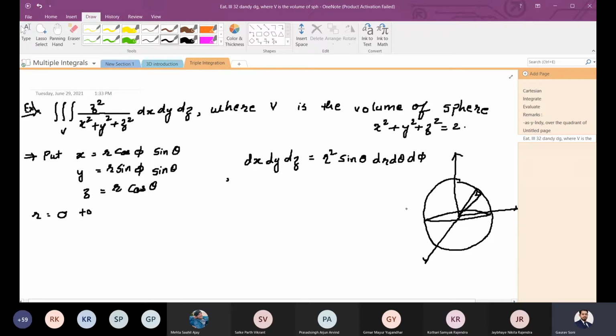So what is the maximum length of the pillar? That will be the radius of the sphere. And what is the radius of the sphere here?